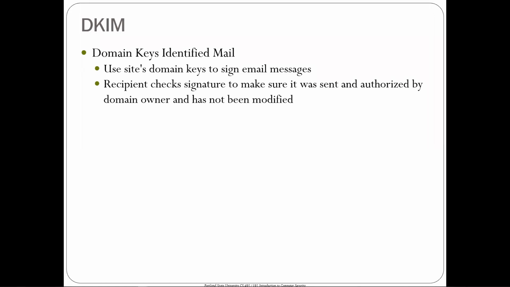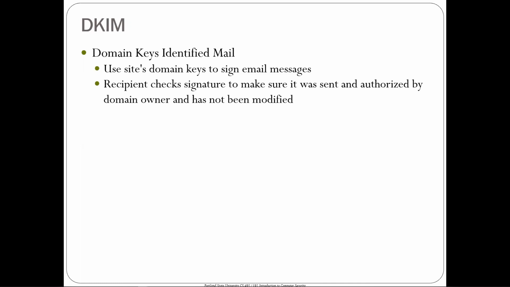The recipient, because the public key has been published in DNS, is going to take that email message, look at the signature attached to it, and then use the public key it got from DNS to validate that signature, so that it knows that the authentic mail server signed the message, right?